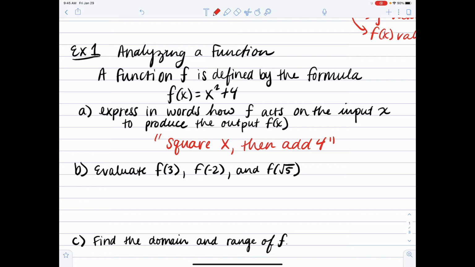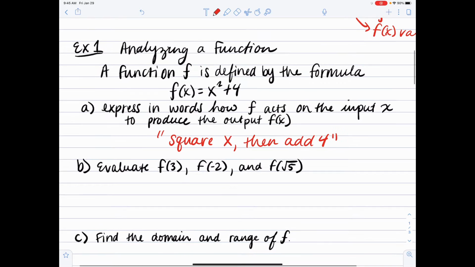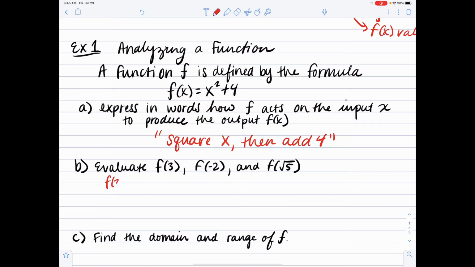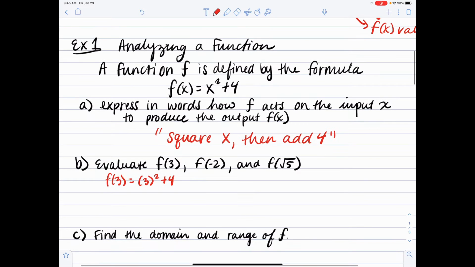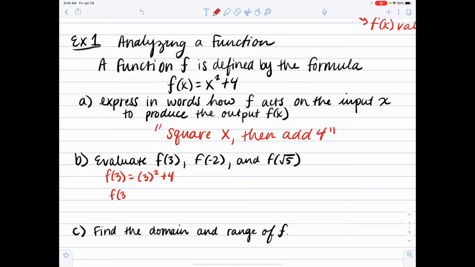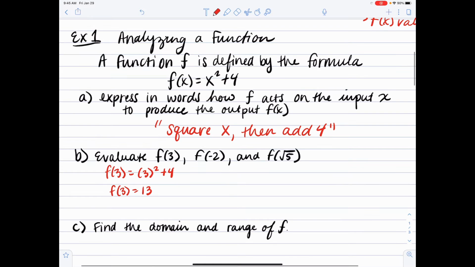So when x is 3, what is the entire function's output? So we're going to do f of 3. You just substitute 3 in for x. So then you can rewrite it as f at 3 equals 13, because that's 9 plus 4. Okay, f of negative 2 equals negative 2 squared plus 4. And remember, negative times negative becomes a positive.